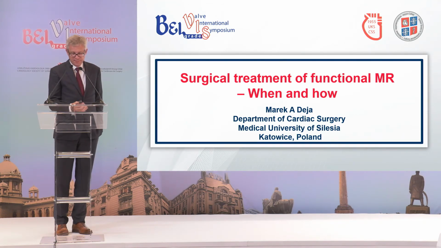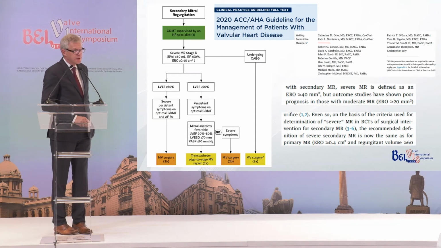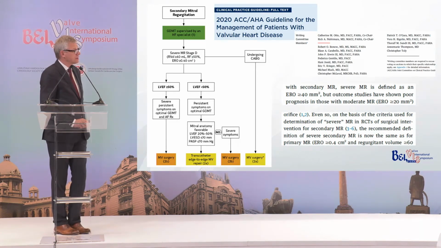What happened recently is the new guidelines. When you ask me when to surgically intervene in ischemic, or generally secondary, mitral regurgitation, this has moved us quite away from what we were doing 5 or 7 years ago.